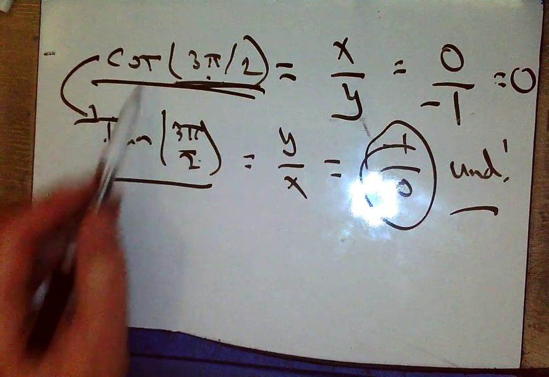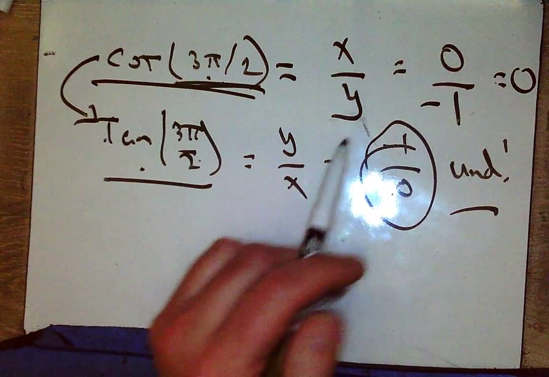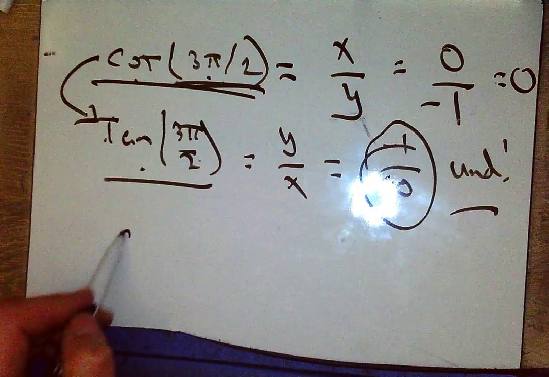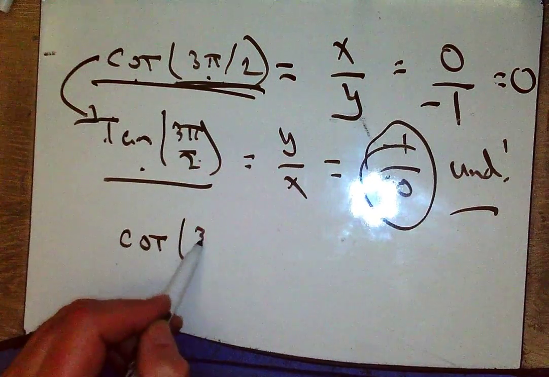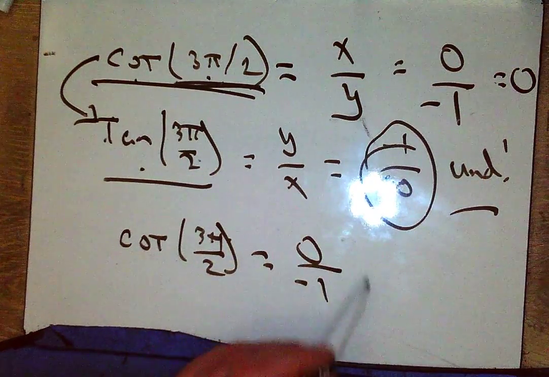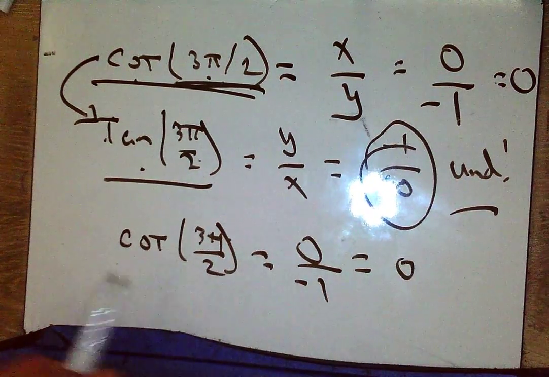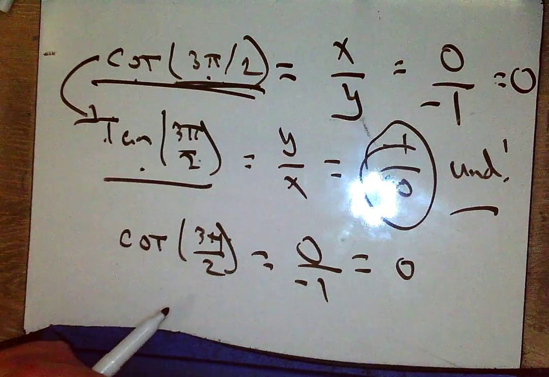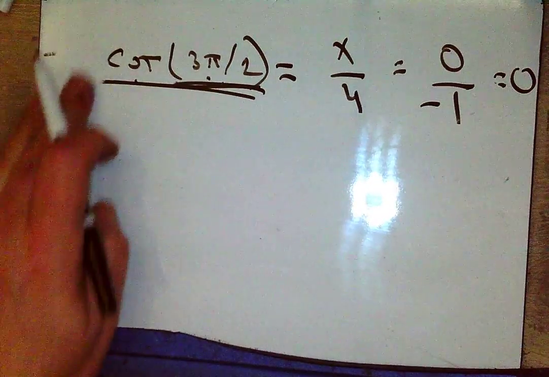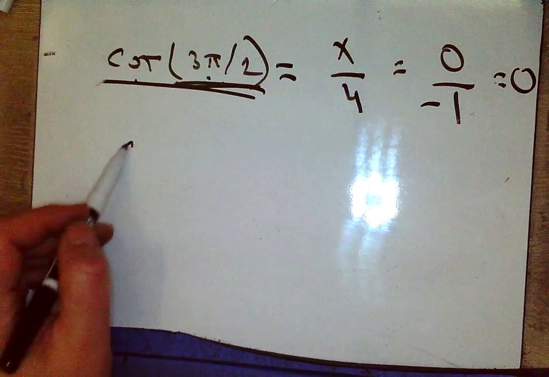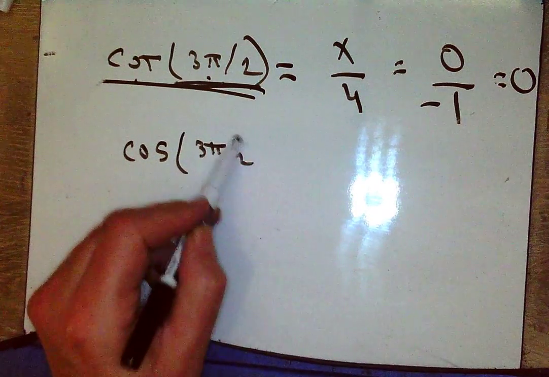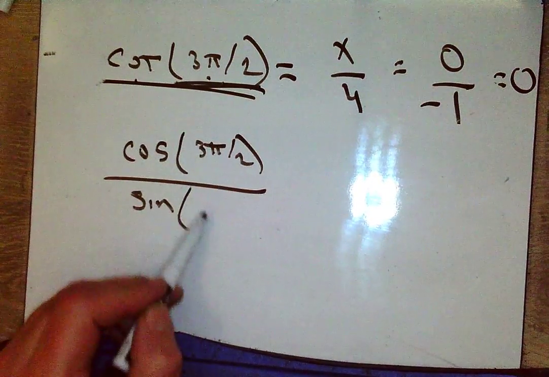Well, isn't cotangent the reciprocal of that? Okay, so what's the reciprocal of that? That's going to be cotangent of 3 pi over 2 is going to be 0 over negative 1, or 0. Okay, so a couple ways to know that. Man, there's another way to know that. Because of the reciprocal identities, I know that cotangent is cosine over sine.